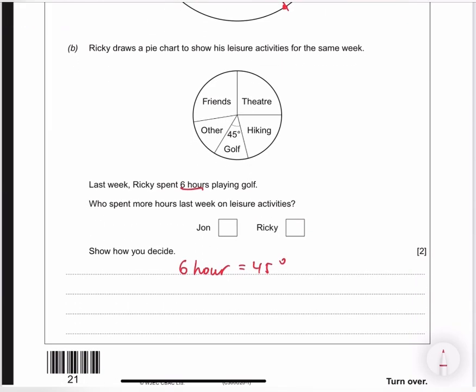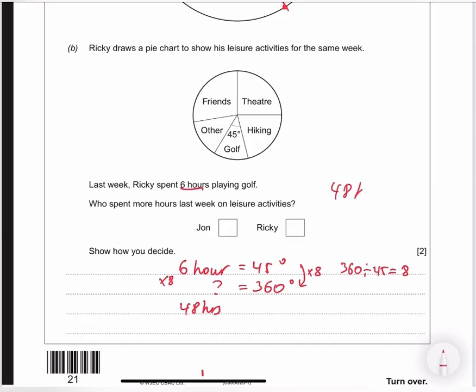If we want to work out how many total hours he spends, we need to find the number of hours for 360 degrees, because that represents the total activities. So let's find out what to multiply by. The multiplier is going to be 8. So do the same for the number of hours. 6 times 8 will give you 48 hours.